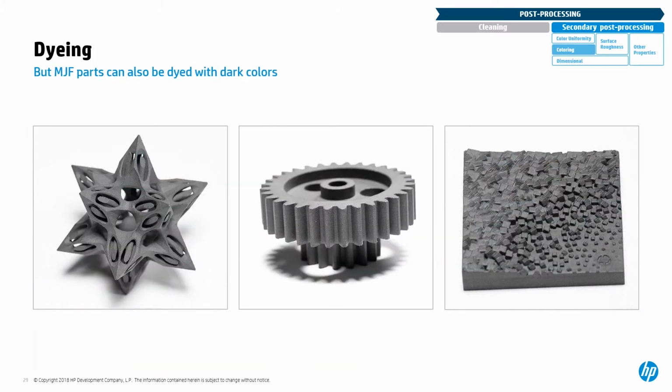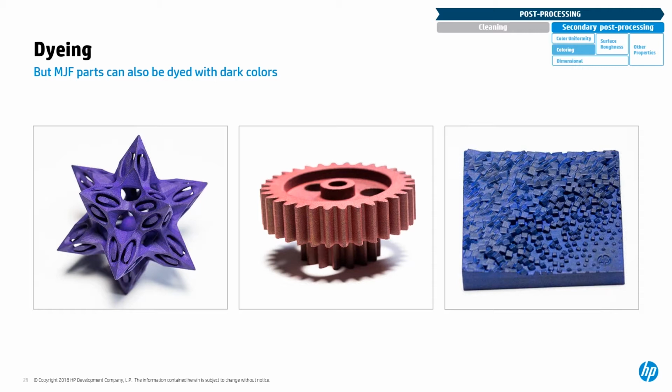Then another point to highlight is that even for the gray parts from the 4200, those parts could be dyed in colors, as you can see. But as we are coming from a background that is gray, the colors that could be achieved through the dye process are dark colors. So we could not get a light blue, for example.